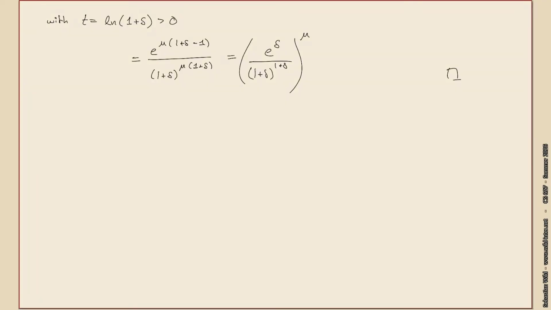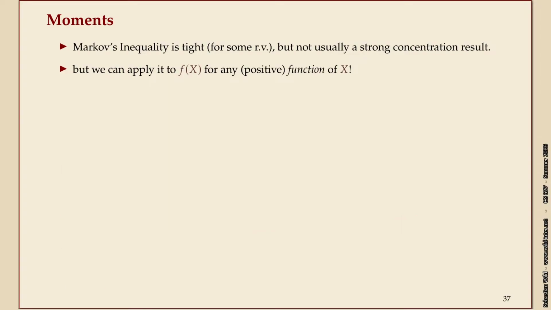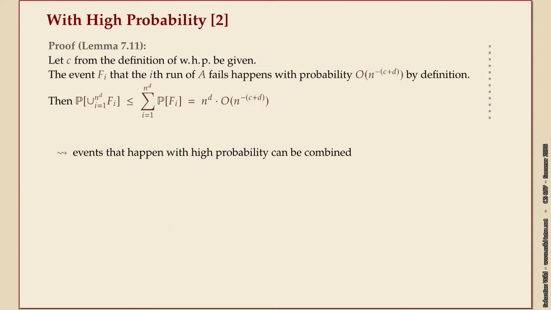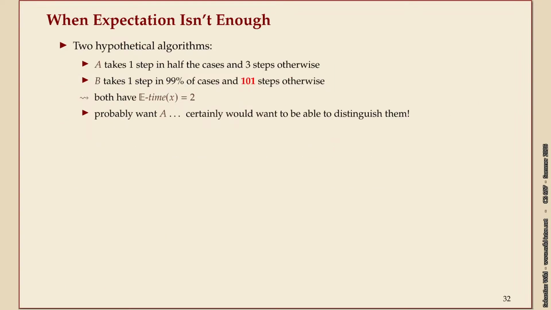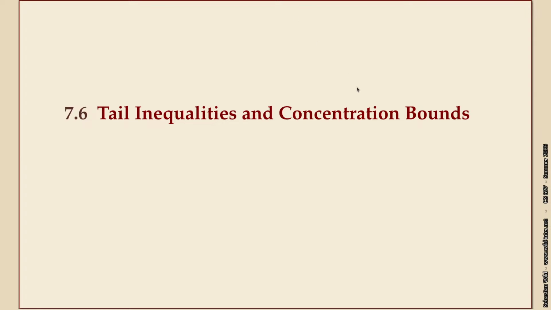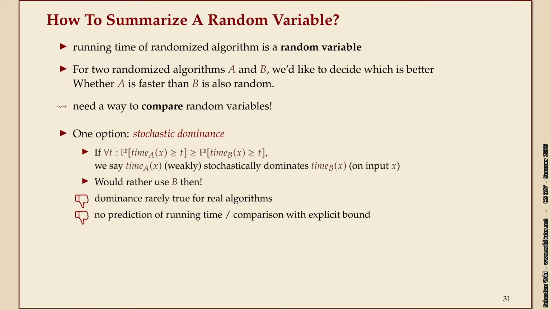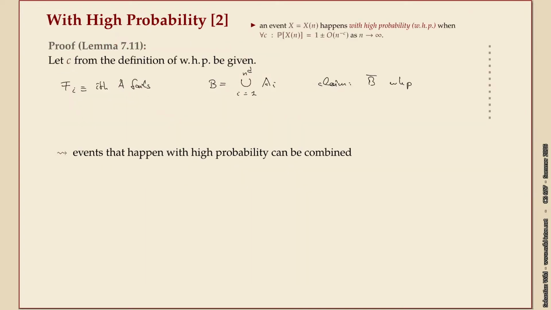Okay. Last time we spent an hour or so on proving these tail inequalities or concentration bounds, basically 3 different types. We started with Markov's inequality.